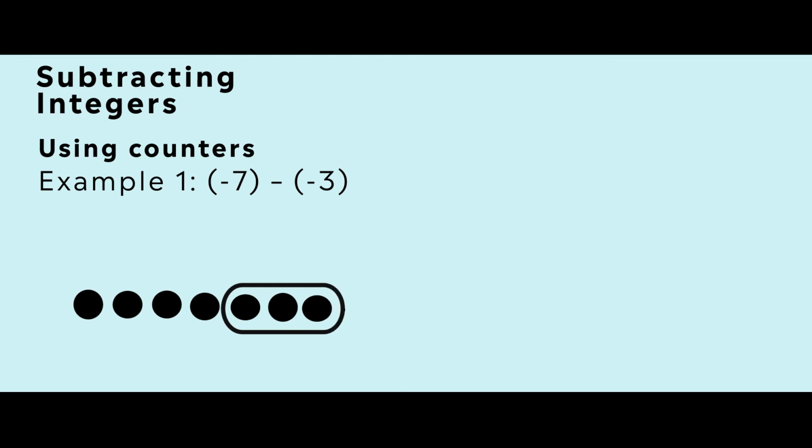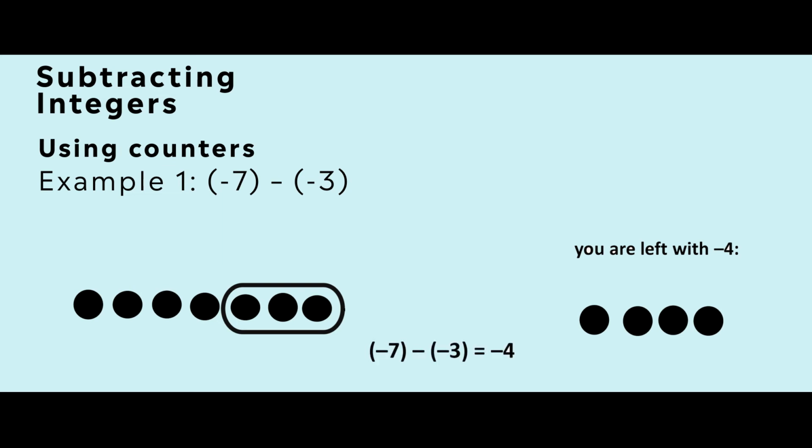When you take away negative 3, you are left with 4 black counters. Therefore, we can say that negative 7 minus negative 3 is equal to negative 4.